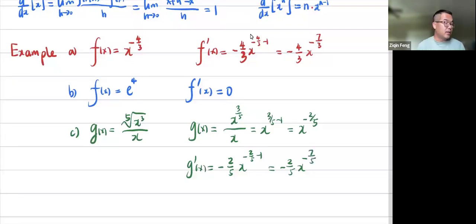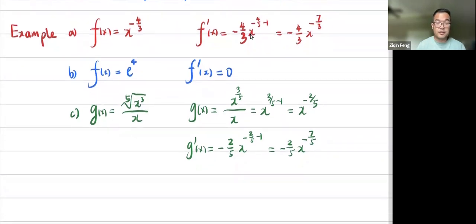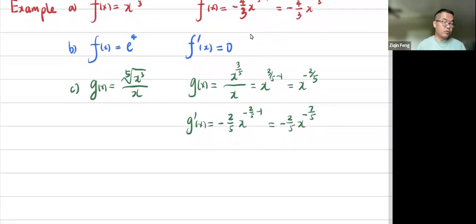So that's how we differentiate this function. Let's see more rules. Suppose you know how to differentiate some kinds of functions. How do we generate new functions?